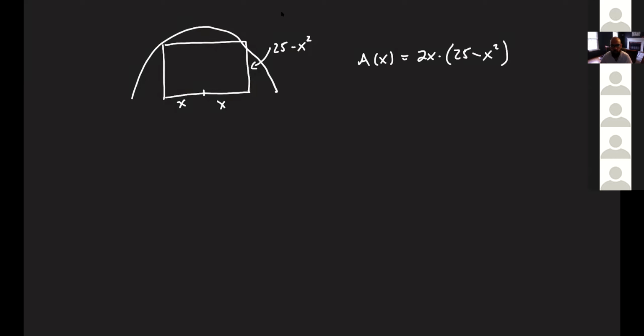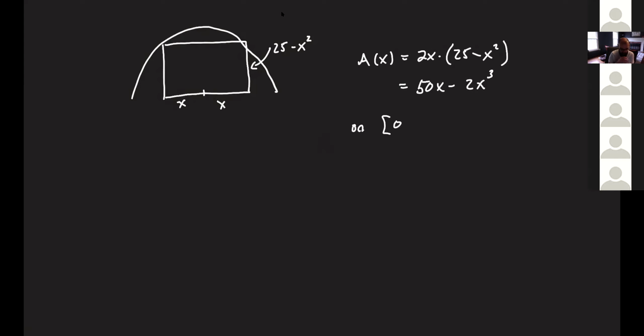So if I'm going to find the maximum area, I need to take the derivative of this. I need to optimize this equation. So we get 50x minus 2x cubed. We want to optimize this on a particular interval.